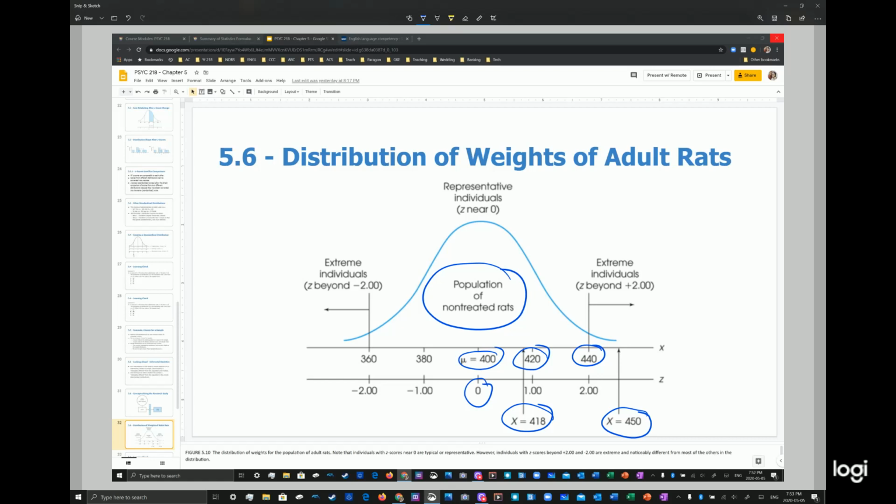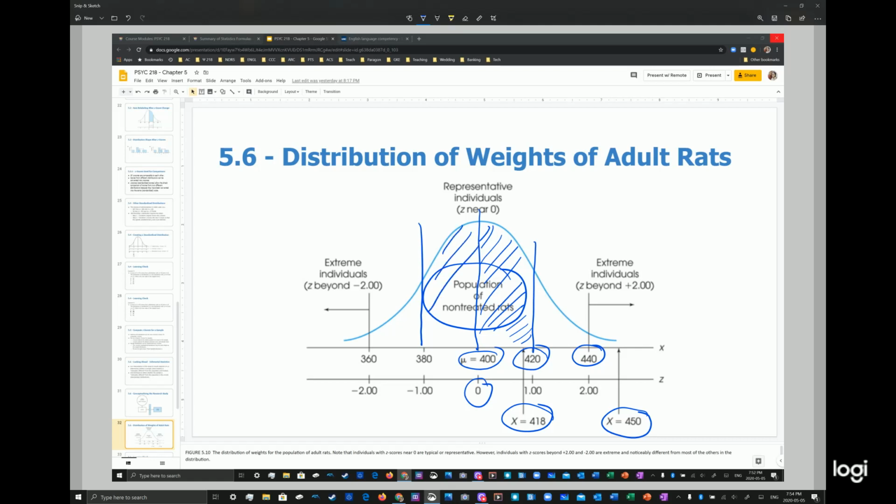So like a score of 450, while it may be just 50 grams, in the context of the distribution, knowing that most of the rats... and we're going to learn in the next chapter, one standard deviation above the mean, for a standard normal distribution, is 34.18%. So this area is 34.18% of the population.